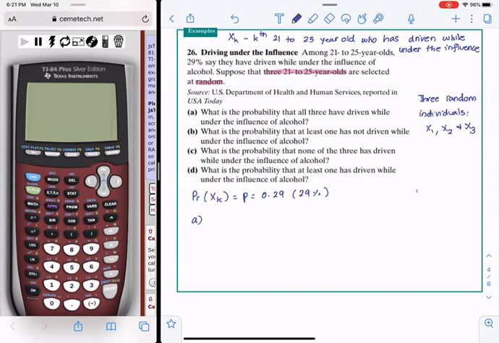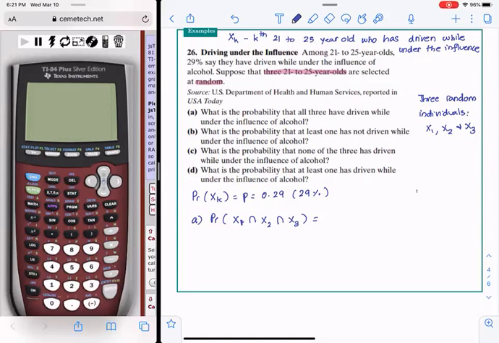Part A would like to know the probability that all 3 have driven while under the influence of alcohol. So the first one has, because the way I defined Xk is the kth 21 to 25-year-old who has driven while under the influence of alcohol. So the first one has, and the second one has, and the third one has admitted to have driven while under the influence of alcohol.